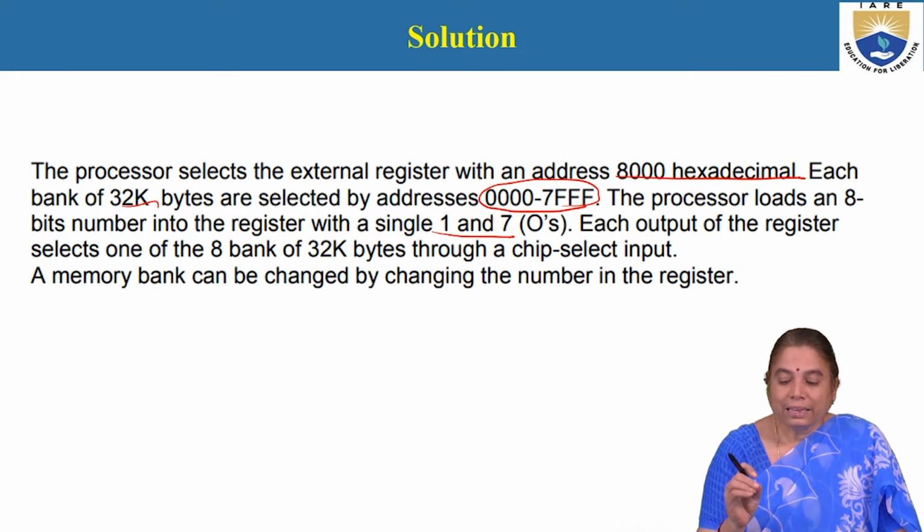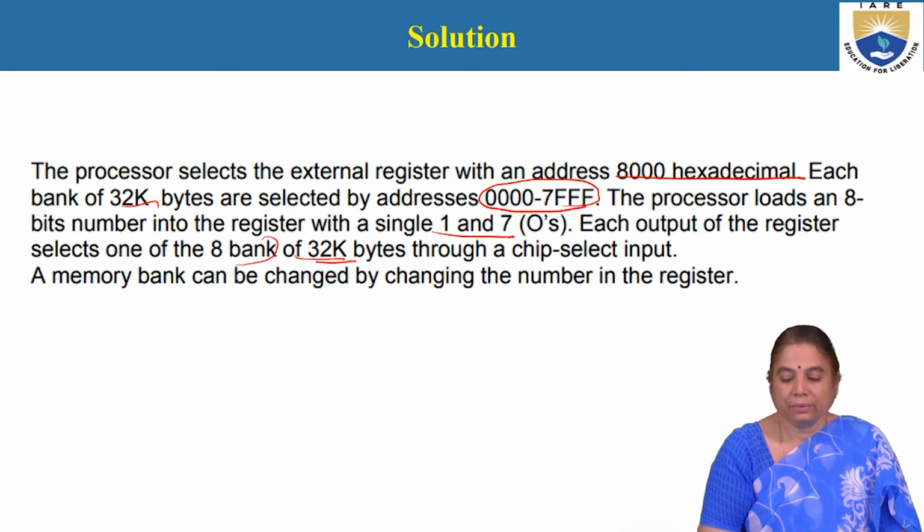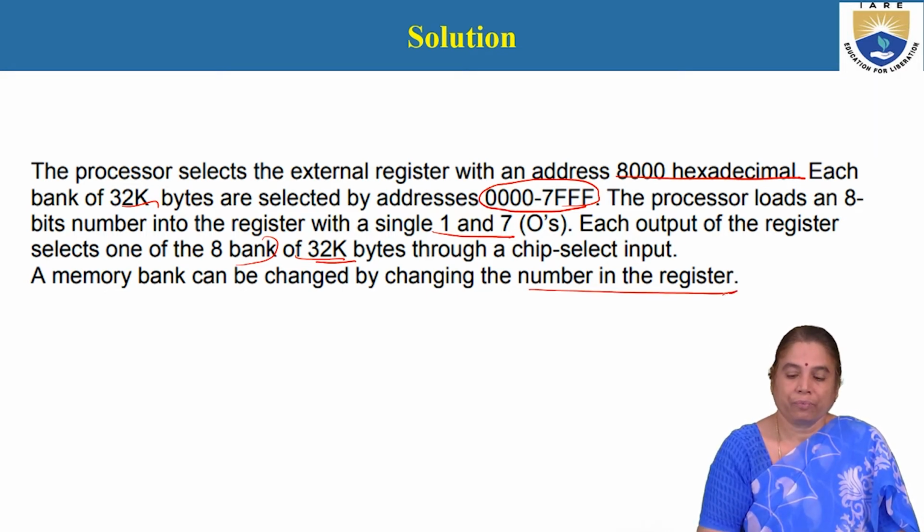So each output of the register selects one of the 8 banks of 32K bytes through a chip selection input. So a memory bank can be changed by changing the number in the register so that the selection to the chip can be varied in order to vary the memory capacity.